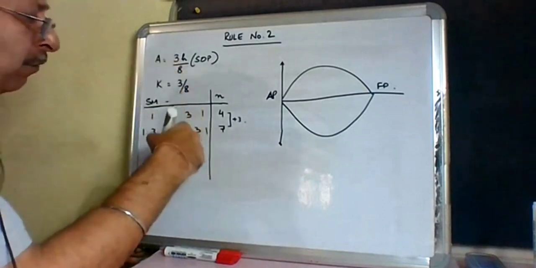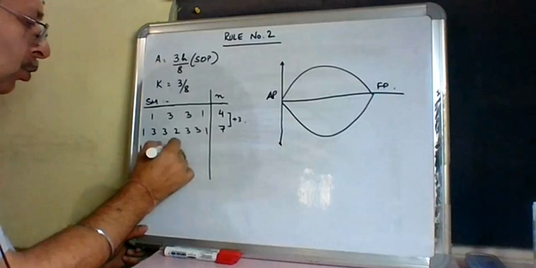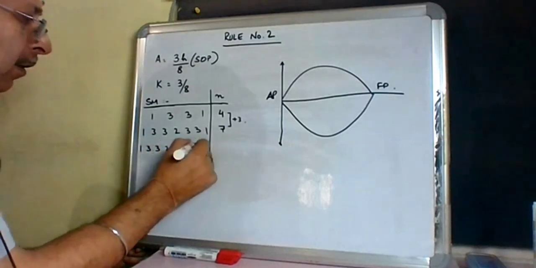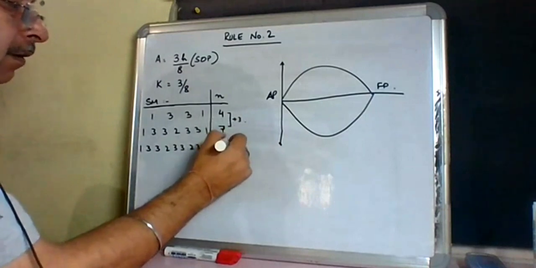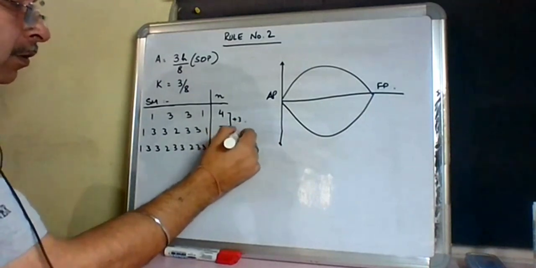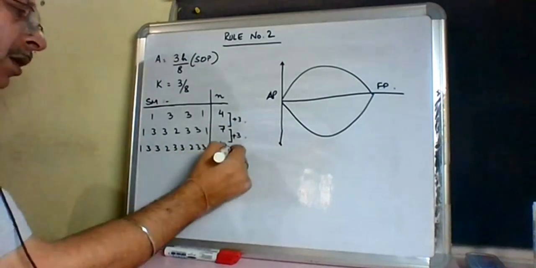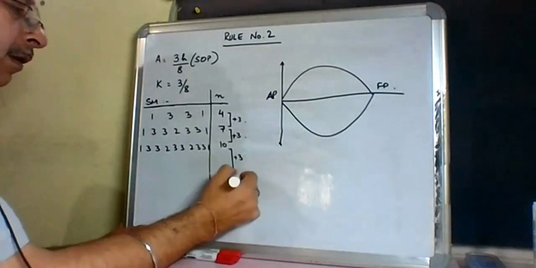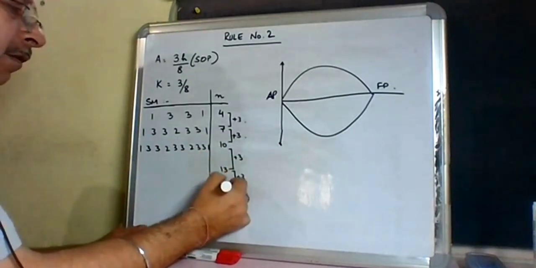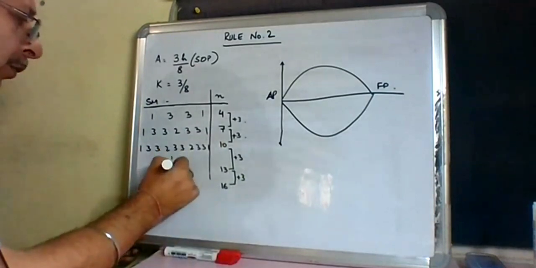This is 233, 233, 1. So 7 plus 3, 10. And then therefore the next one will be 13. Next one will be 16, and so on and so forth.